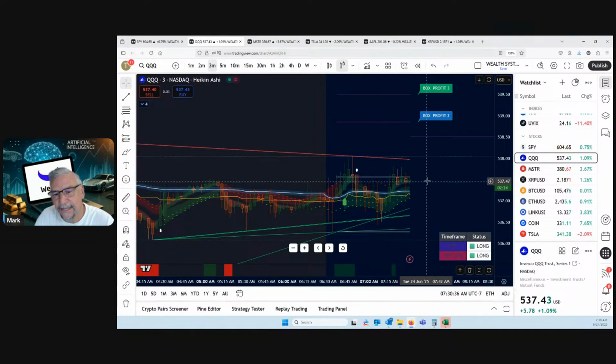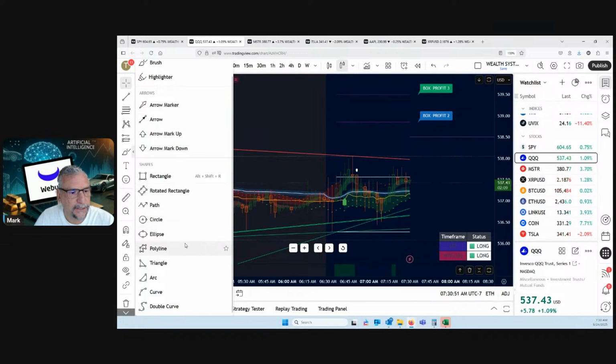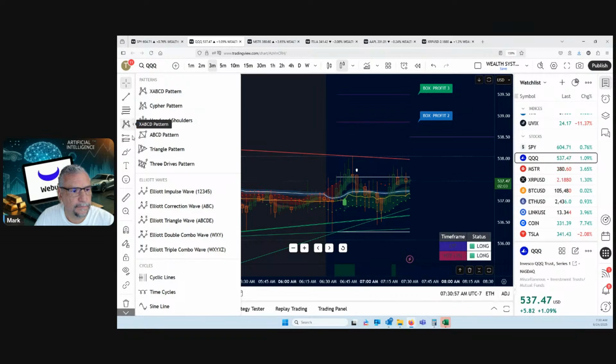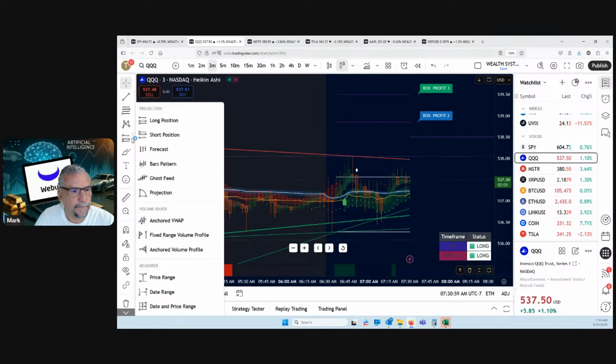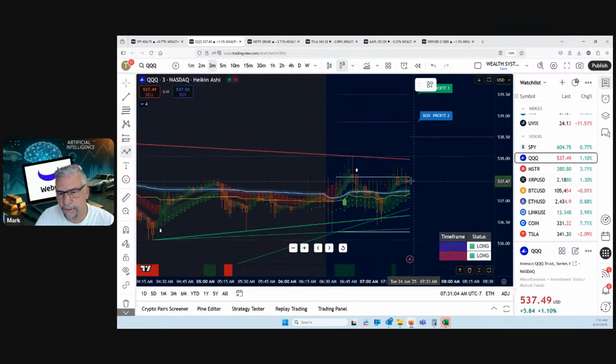consolidating here until it gets enough momentum to break through either the support at the bottom and break down, or break up through this resistance. So we're going to see which direction it decides to go. It can decide to do whatever it wants to do.